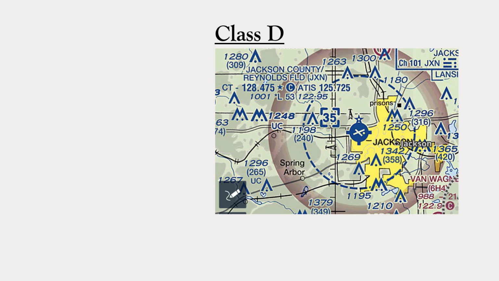So Class D is sort of the next level up in sophistication of the airspace. Class D is for the airspace around an airport that has an operating control tower, but one that doesn't have radar service.